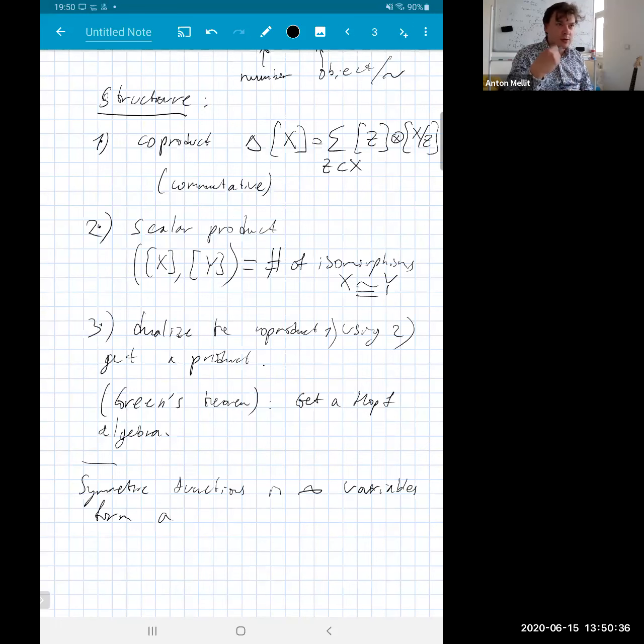It turns out to be a Hopf algebra later. It's important that it's a bi-algebra. So you see, if you have a function in finitely many variables, you cannot make a Hopf algebra because from n variables you cannot make again n and n. But if you have infinitely many variables, then there is no problem in doing that.